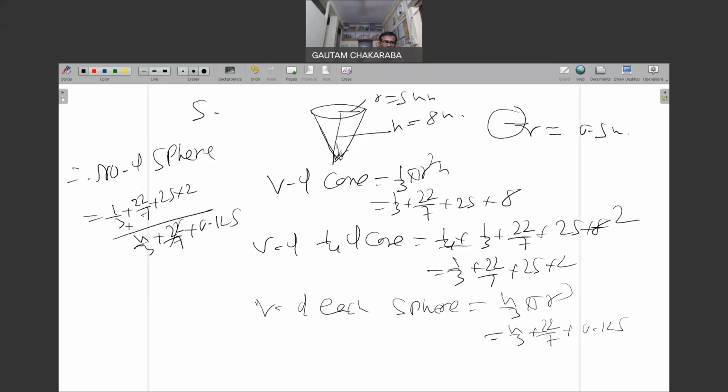Okay, 22 by 7 cancels, 3 cancels. Now 25 into 2 by 4 into 0.125, which is 125 multiplied by 1000. So that means 25, 5, 2, 2, and 5 to 10. That is 100 spheres. Okay.